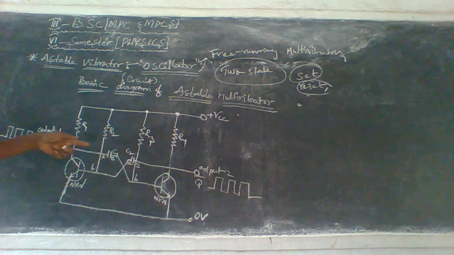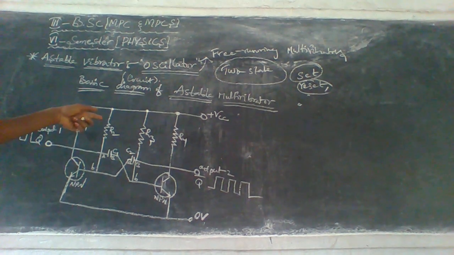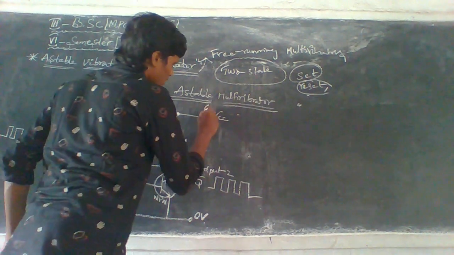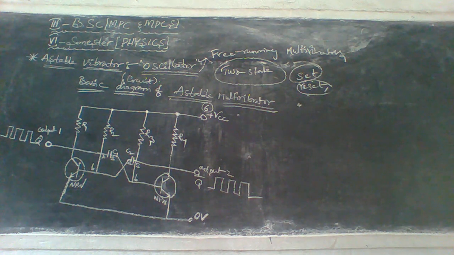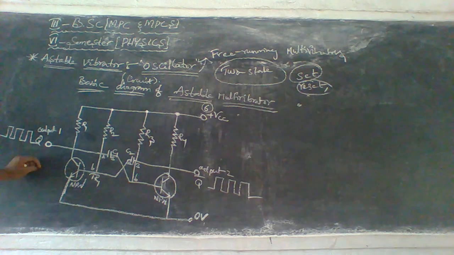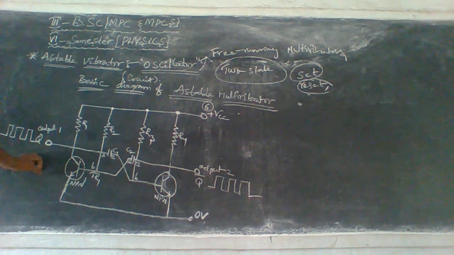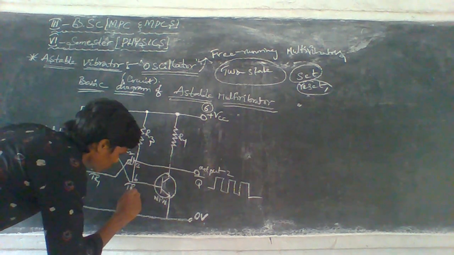For example, assume a 6 volt supply. This is TR1 and this is TR2.